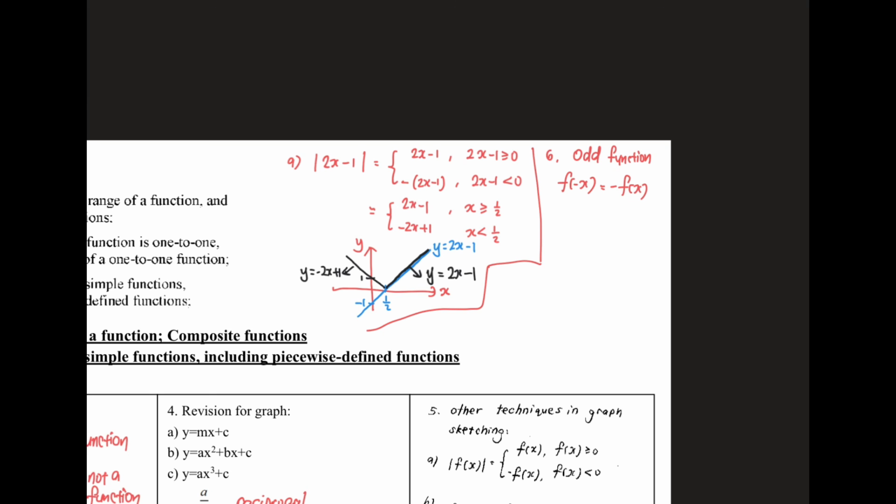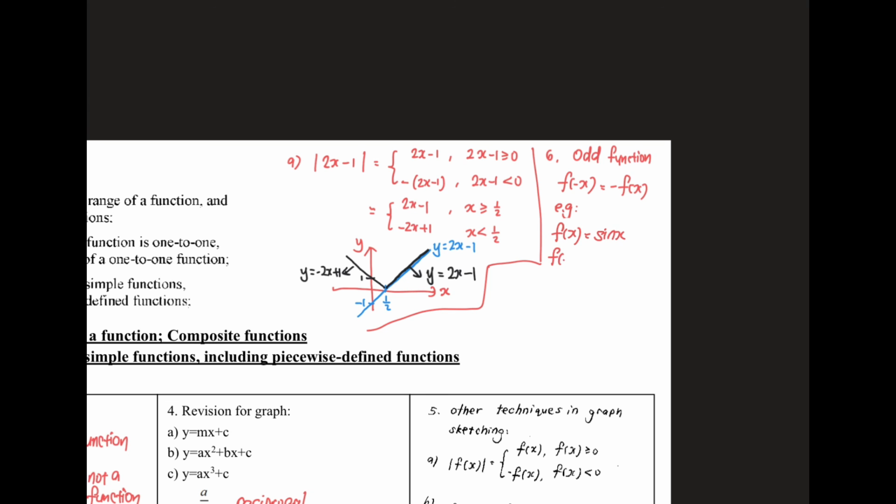So what does it mean by that? Let's say for example, y equal to sine x, or maybe I put fx equal to sine x.